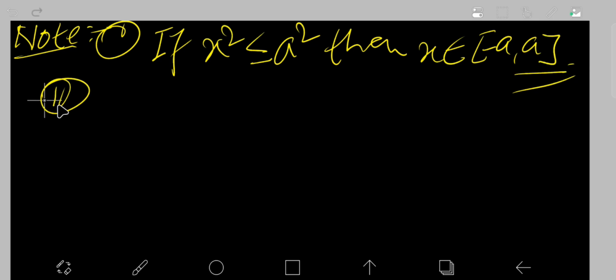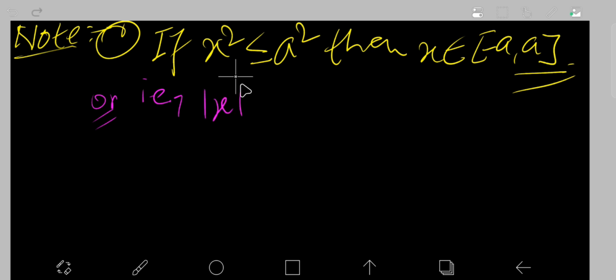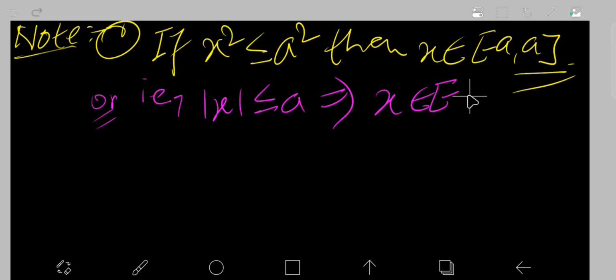In the second note, we can also write this in modulus form: modulus x is less than or equal to a, then x belongs to the closed interval minus a to a.